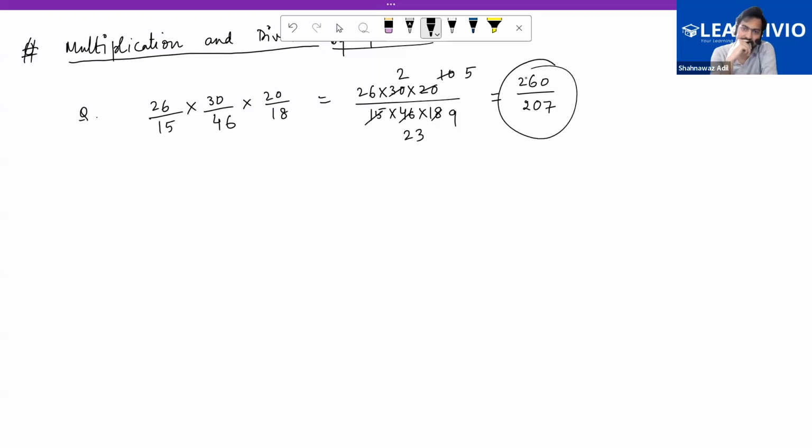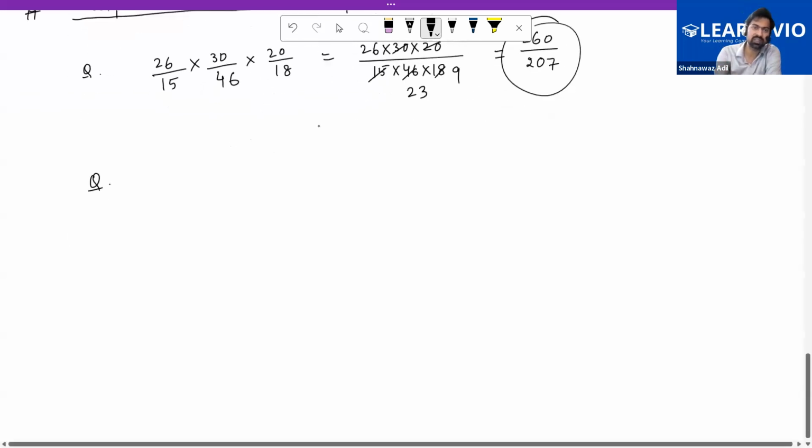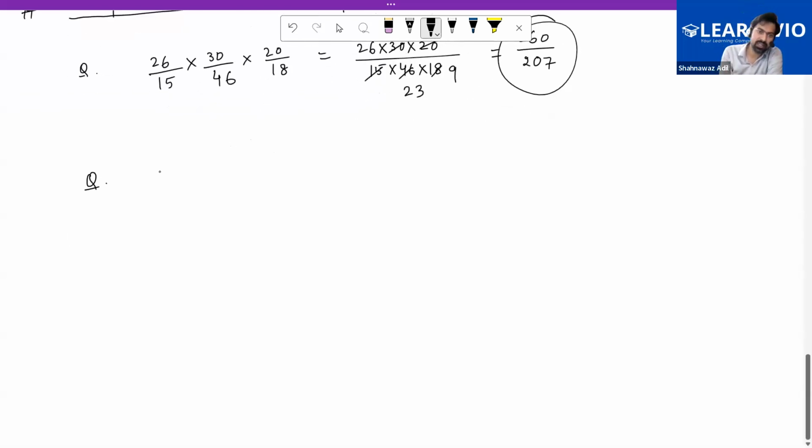Right, guys? Yes, sir. Okay, so let's do one question from this one because this is quite easy, and then we'll talk about division of fractions, right? So let's say 30 by 12, then 80 by 4, and then 80 by 28. What would be the answer, guys?